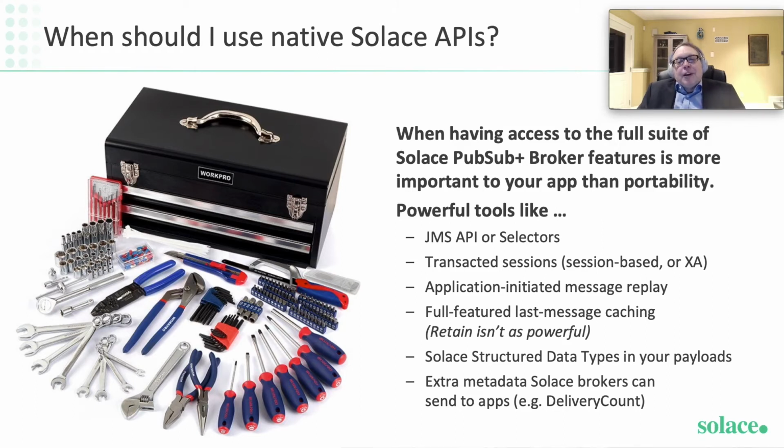But if you're trying to connect simple devices on limited hardware to some pretty complicated back-end applications, then using MQTT 5 for your devices and the Solace JMS API for your server-side apps is a great combination and they work great together. So take a look at your app, see what you want to do, and pick the right API for what you're trying to achieve.